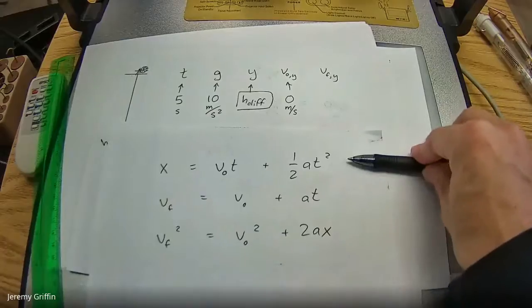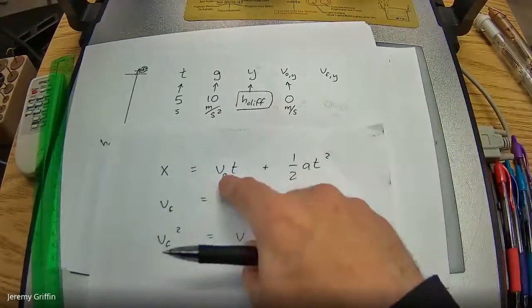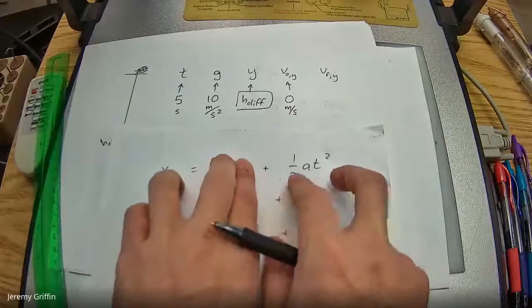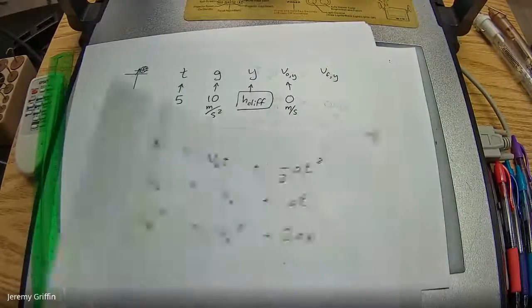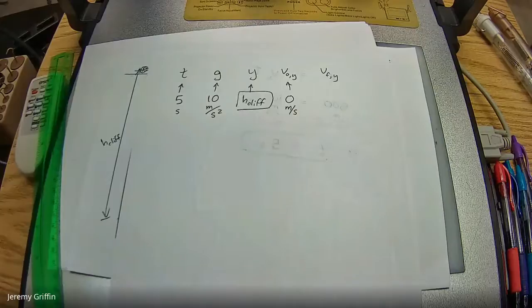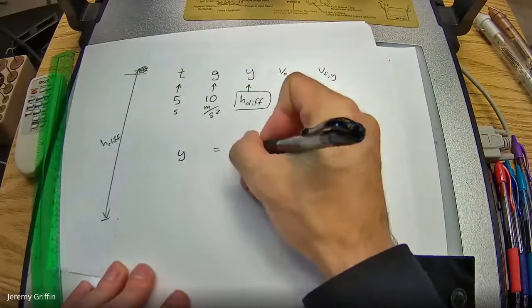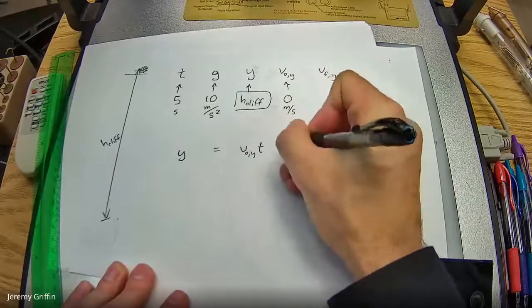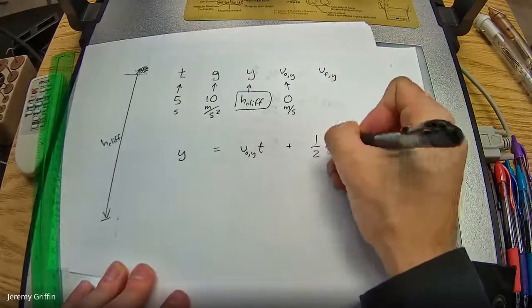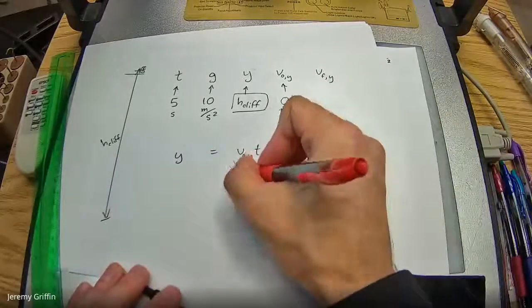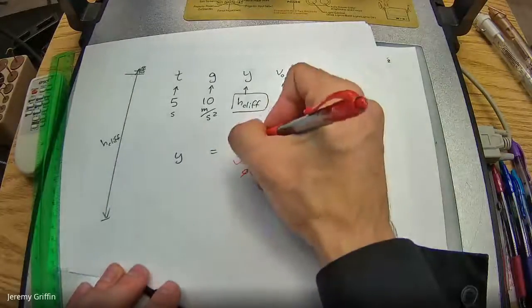In fact, see how V naught Y is 0? Doesn't that just boil down to this? If I write the full thing out, it's Y equals V naught Y T plus half G T squared. But that's just going to zero out anyway because it goes to 0.